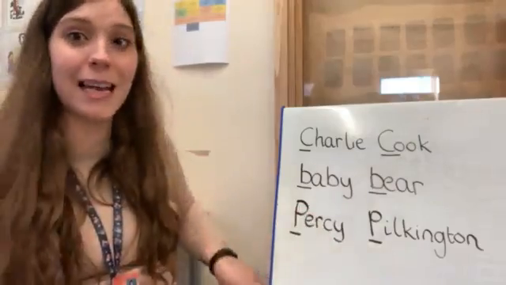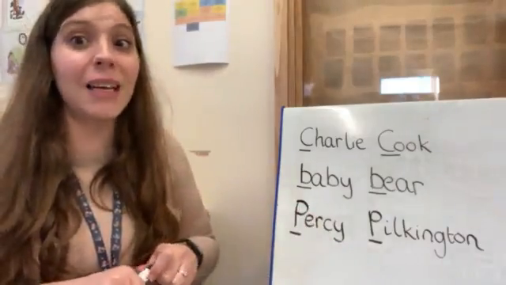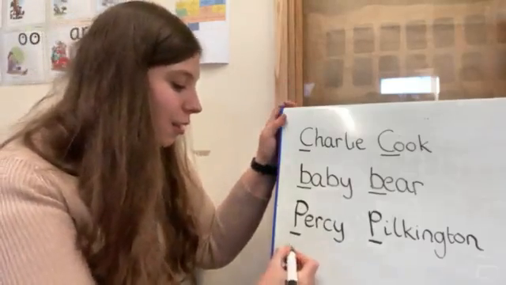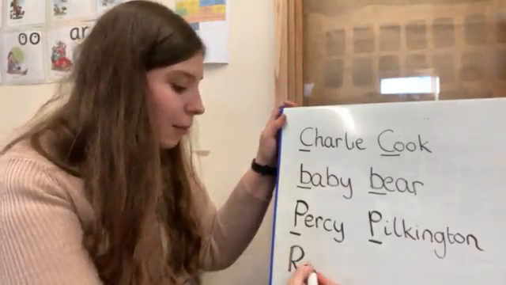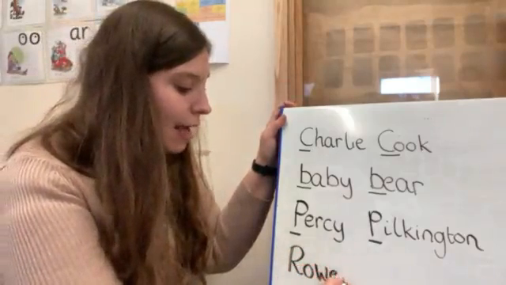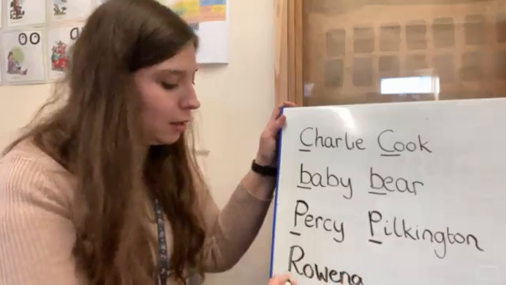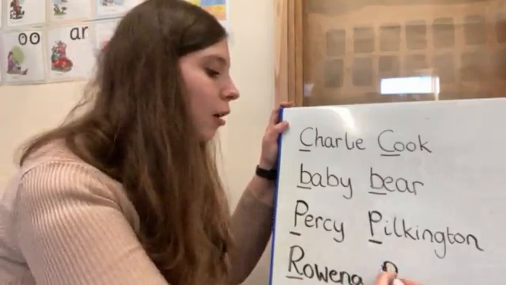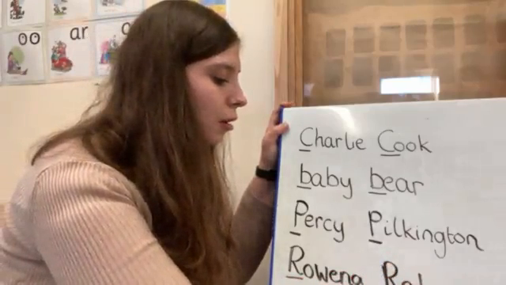So if I write that down, they're going to start with the same letter. That's right. So they have the same sound at the beginning of each of her names. It's the letter R, the R sound. Rowena Read-a-Lot.